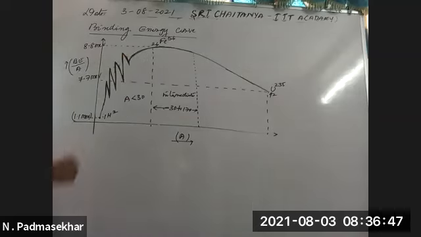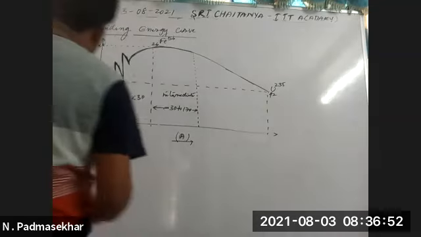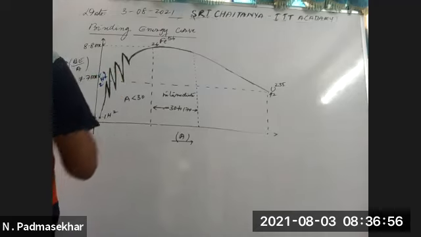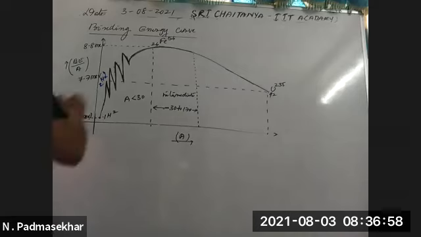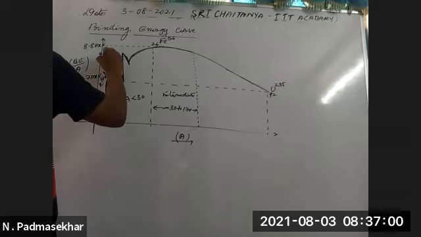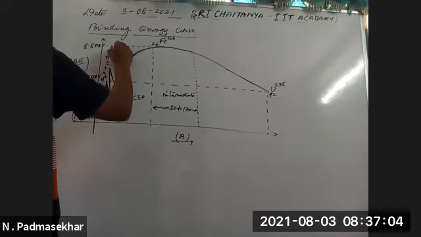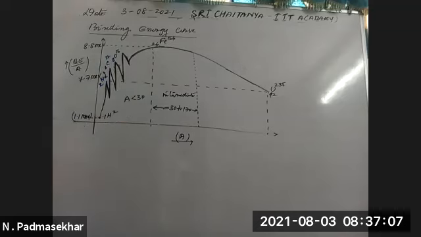Suppose He24, C612, O816 and so on, these are maxima.